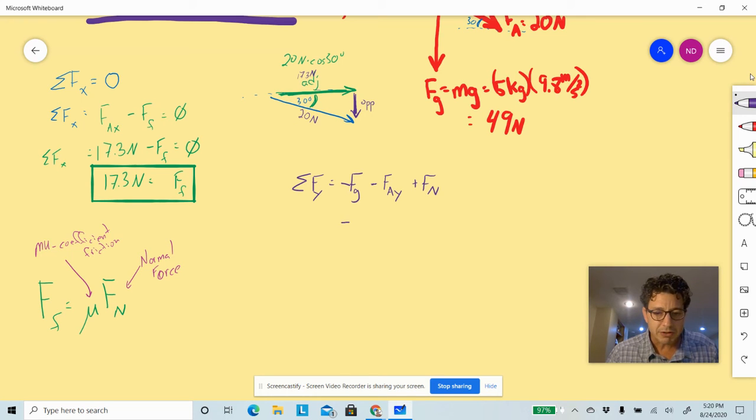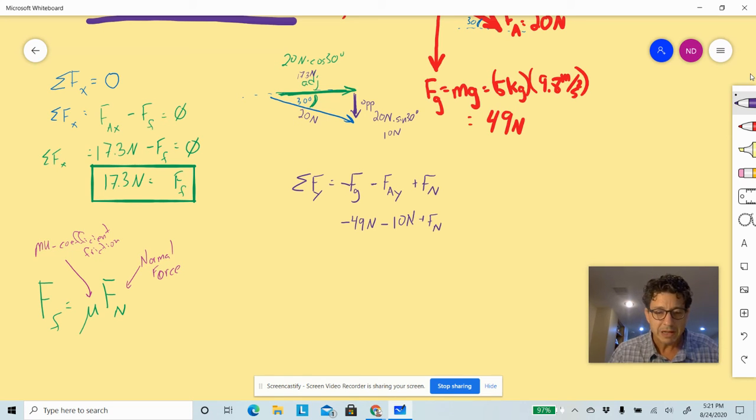So this is going to be minus 49 newtons minus 20 newtons times the sine of 30 degrees. Sine of 30 degrees is a half times 20, 10 newtons. The applied force in the y direction, the part of that 20 that's pushing down, is 10 newtons plus the normal force.